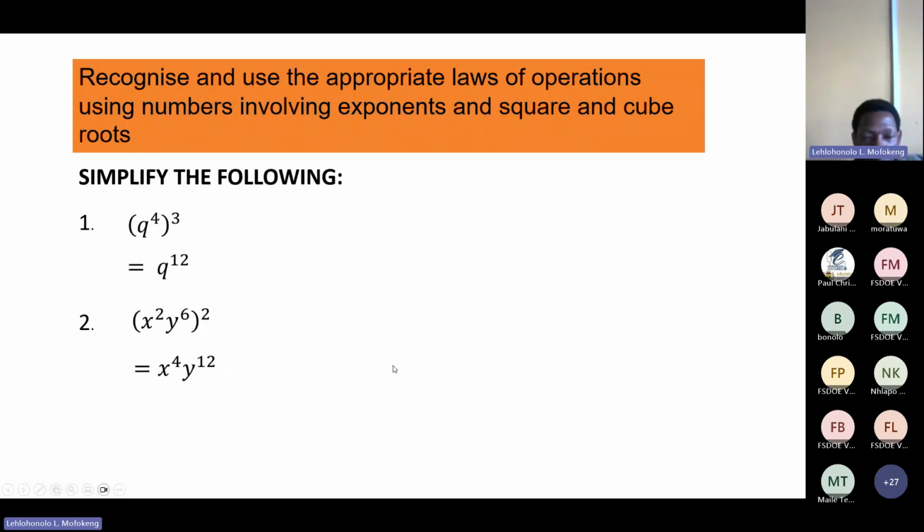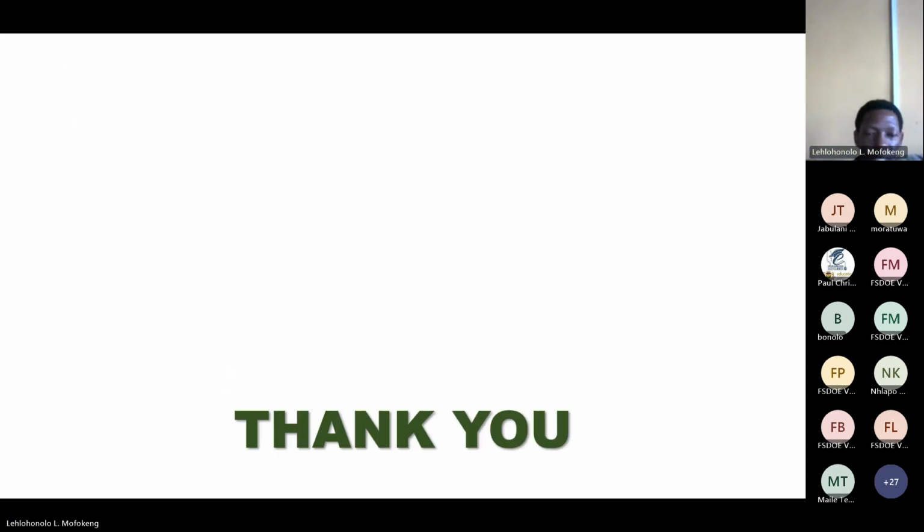Right, going on. This marks our end of the lesson. But what I want to emphasize is that it is not easy to work with exponents without actually discovering them.